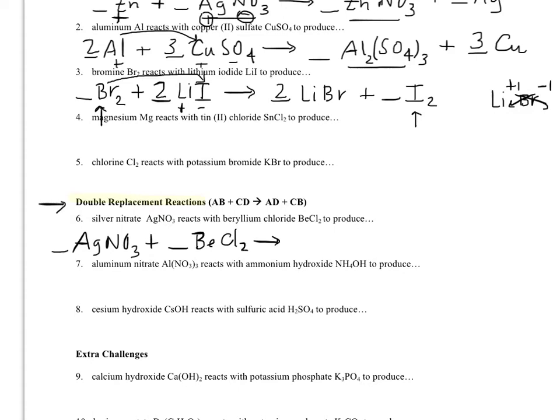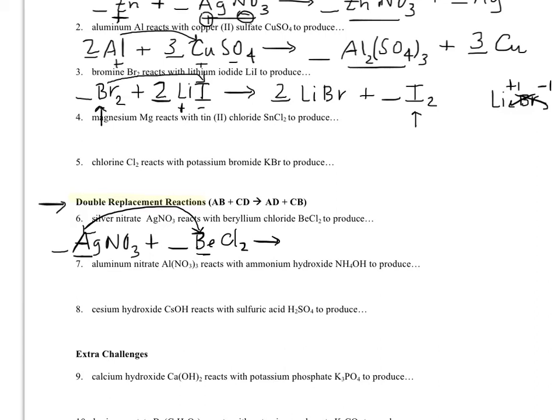And what is it going to produce? Well, remember back from previous worksheets that in a double replacement reaction, it's your first element in each compound that swap places. They flip-flop with each other.